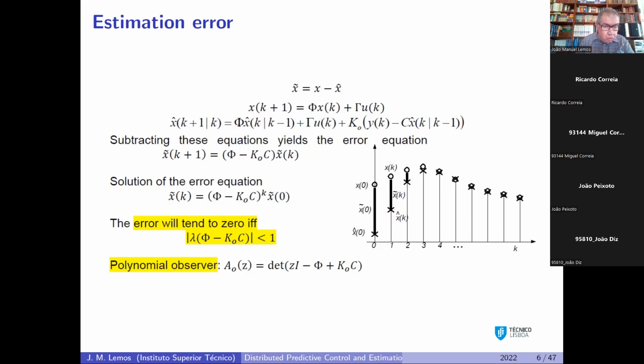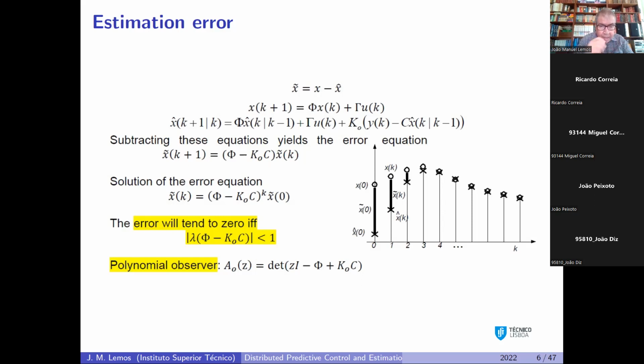Okay, so what do you do? You compute the characteristic polynomial of the observer. That's zI minus the matrix, and the matrix is phi minus KOC, so zI minus phi plus KOC. And you are going to select KO such that the eigenvalues, or the roots of this polynomial, are all inside the unit circle.